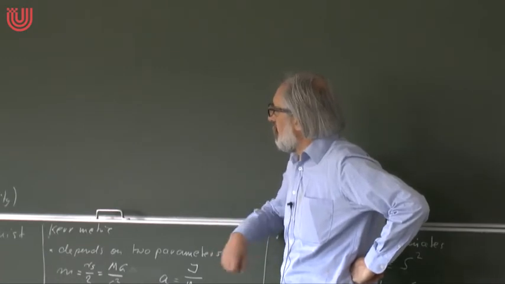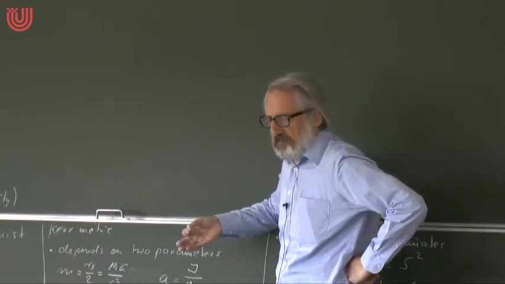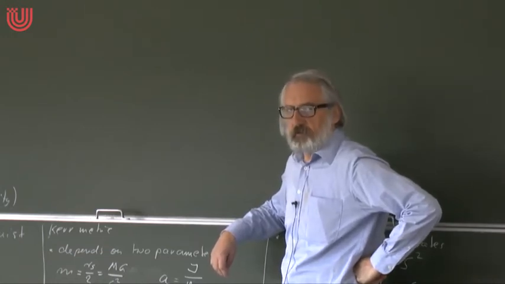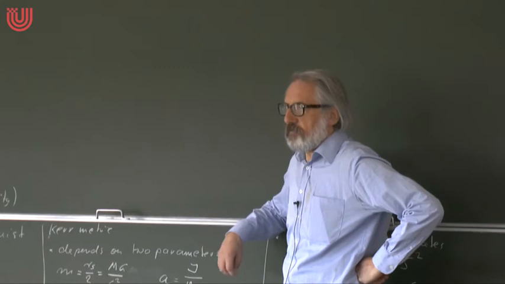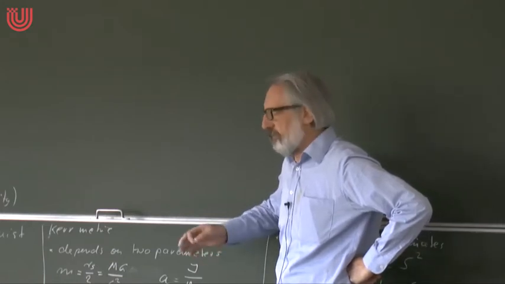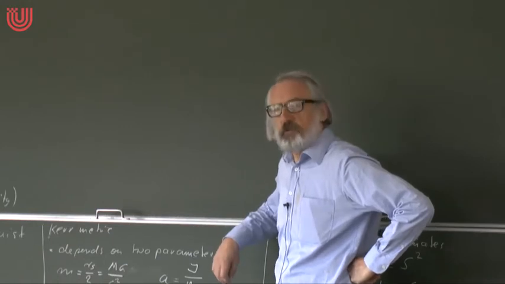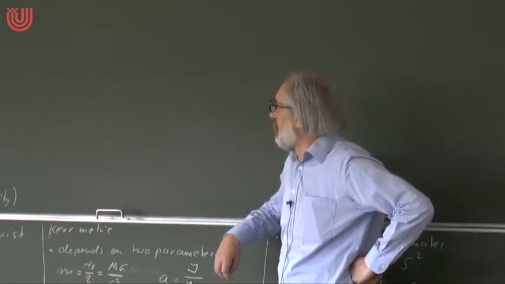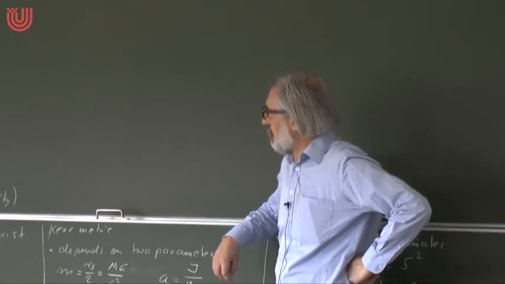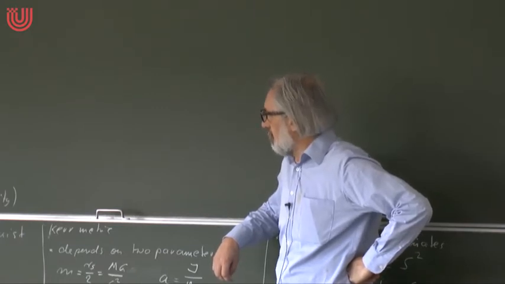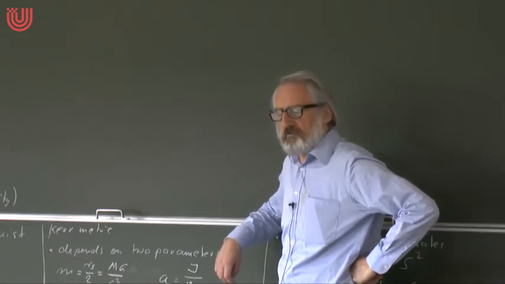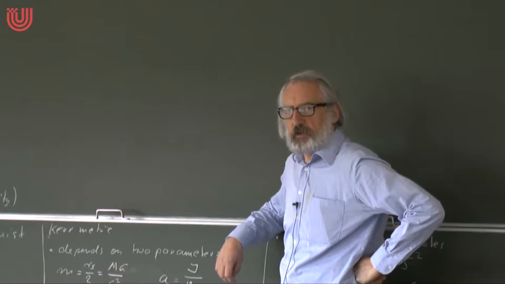What I just said is some indication that values of A bigger than M are even the normal case for non-collapsed objects. Virtually any celestial object we observe in the sky, well, not every one, but many of them, have an A which is bigger than M. So from this point of view, one would actually expect that the case A bigger than M is not at all unusual or exotic.